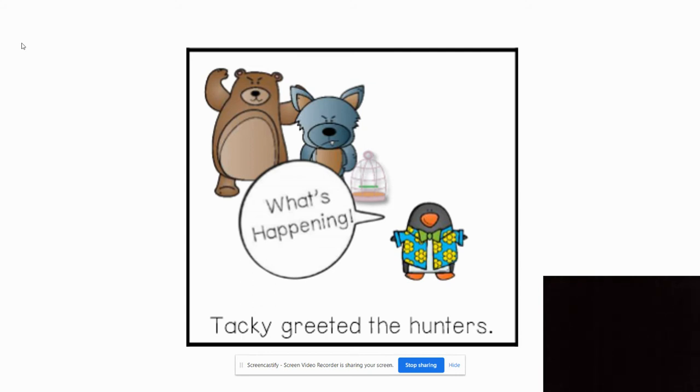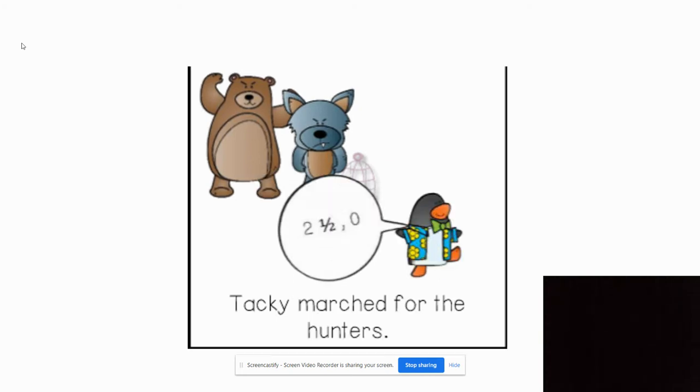He was not as afraid as his friends were. After this one, Tacky marched for the hunters, and look at, he's counting those silly numbers that aren't in order again. 2, 5, 0.